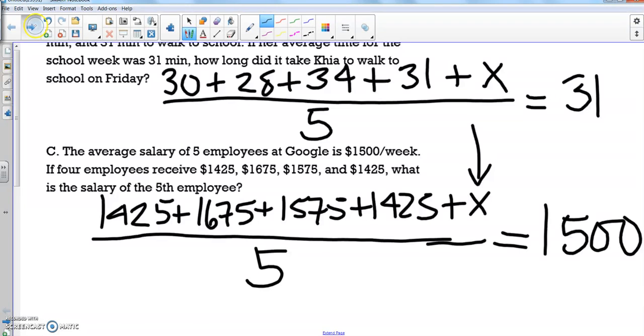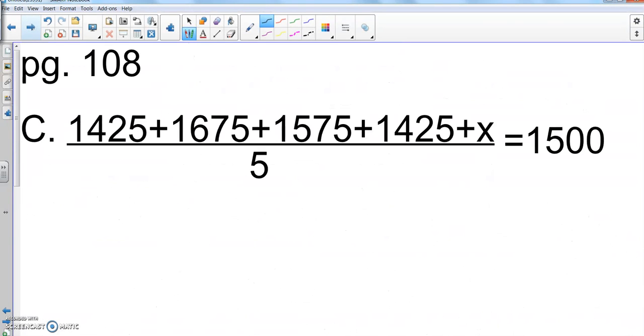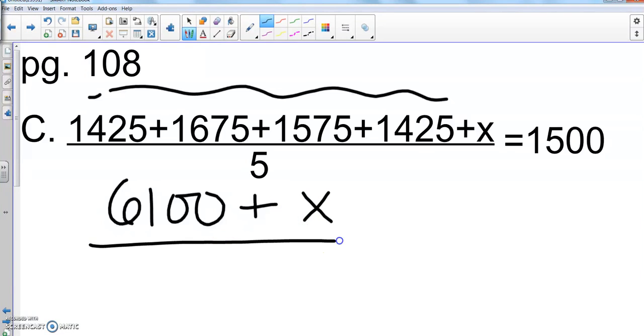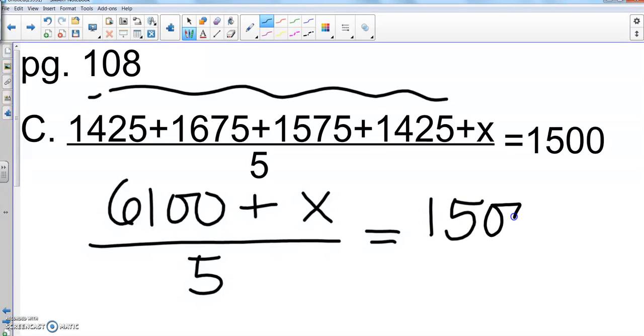So here we go. Page 108, copy it down, just like we had it written. We're going to start doing the math. So if I add all these numbers up here, I'm going to get 6100 plus x divided by 5 equals 1,500.